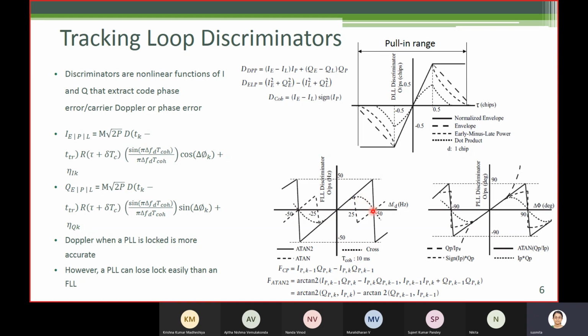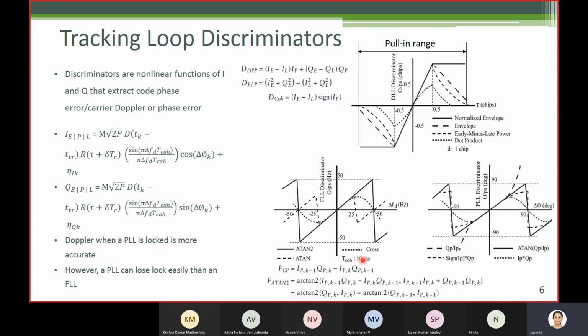Now, how is the pulling range determined by these discriminators? It is actually a function of the coherent integration time. For the ATAN2 discriminator and also for the cross product discriminator, the pulling range is equal to plus minus 1 by 2 T coherent.